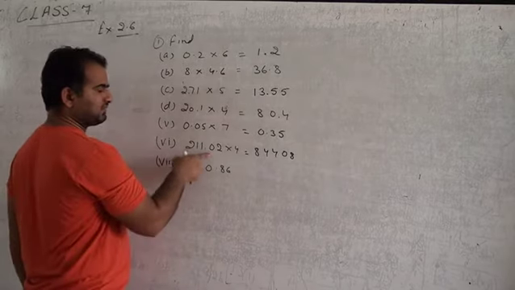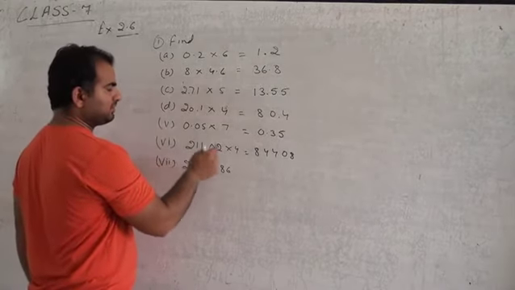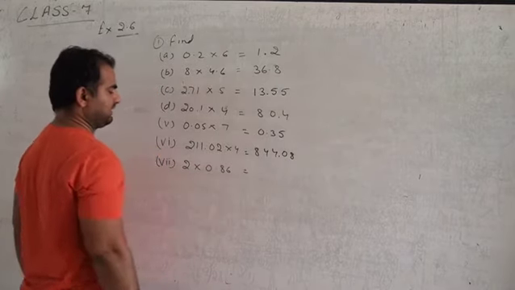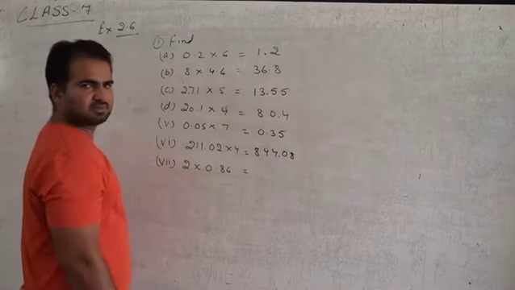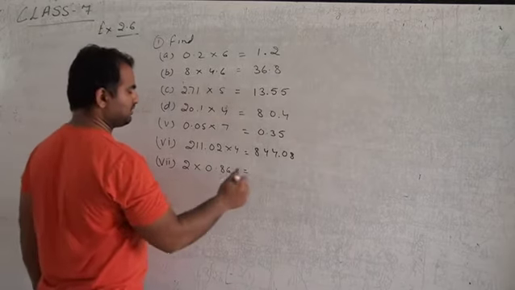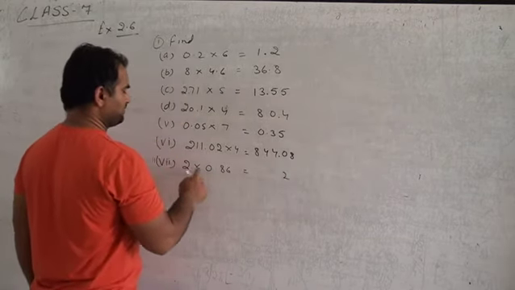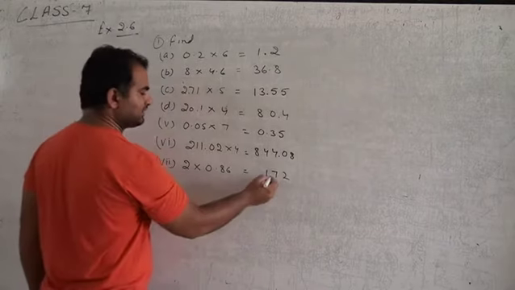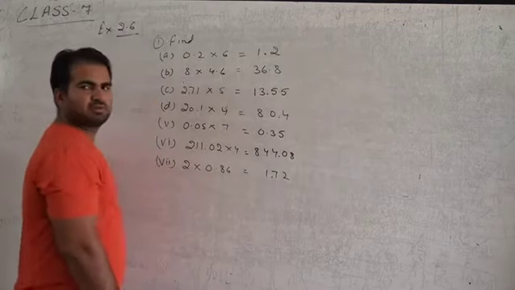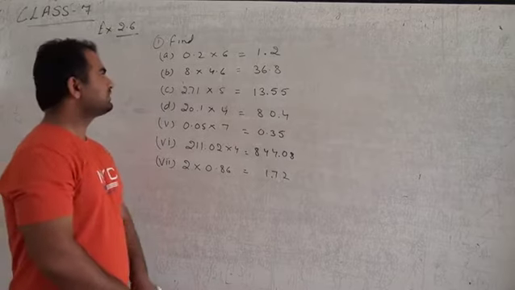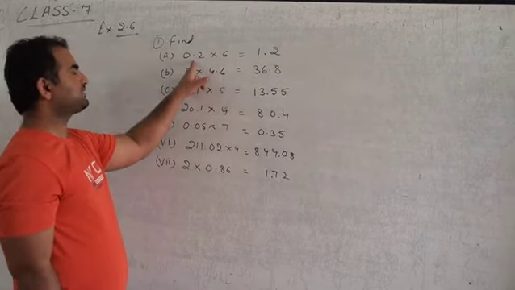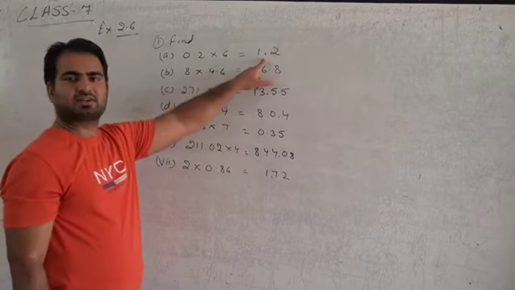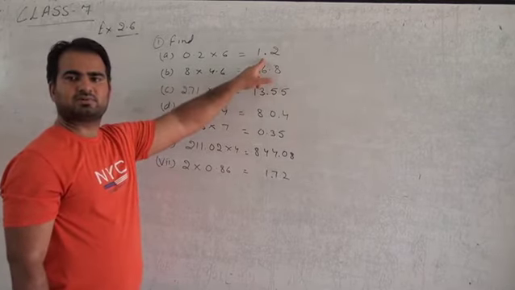How many digits are there after the decimal? 2. So we place the decimal after 2 digits. Next, 2 into 0.86: 12, 16, 17. It will be 1.72. So first of all, count how many digits are there after the decimal, then place the point in the answer again as it was before.